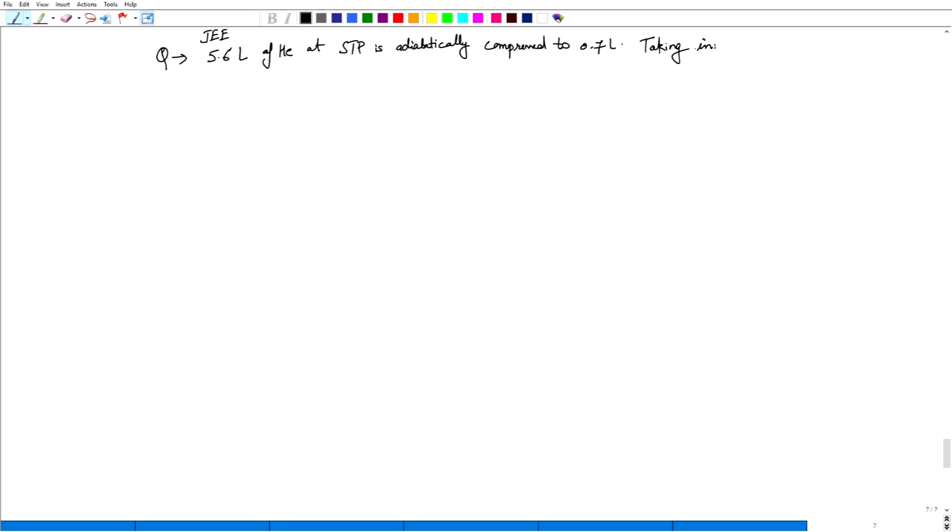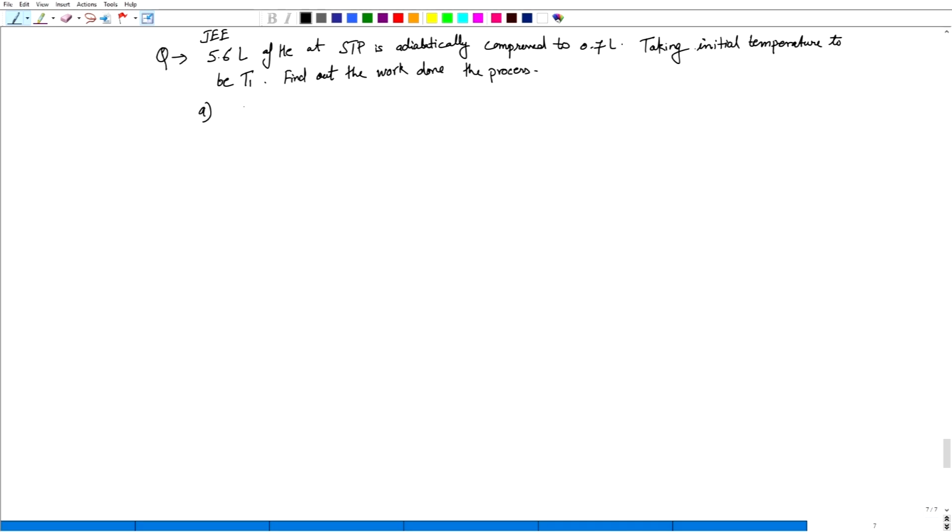Taking initial temperature to be T1, find out the work done in the process.